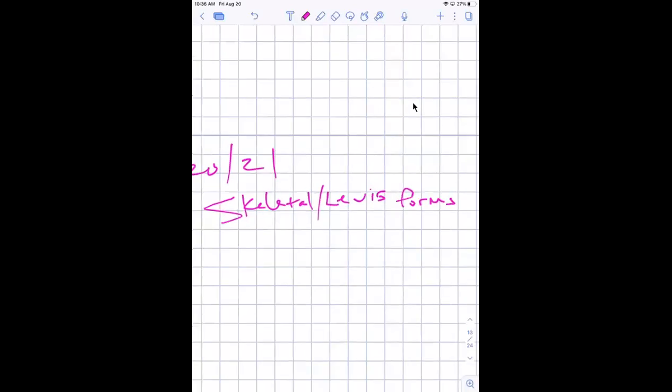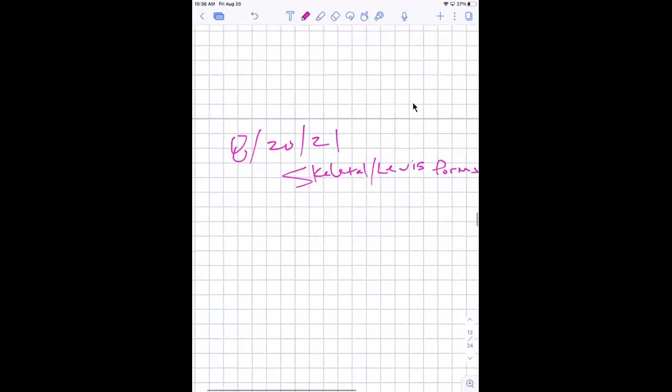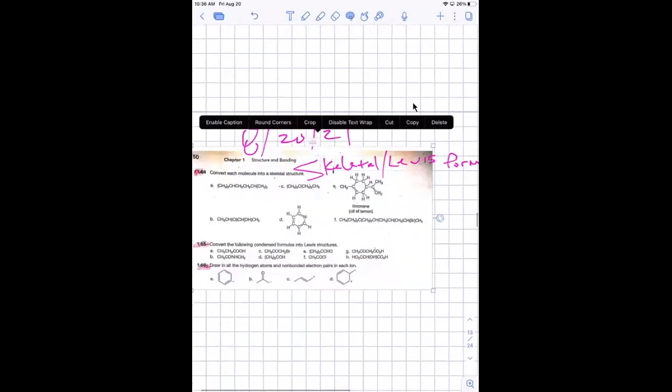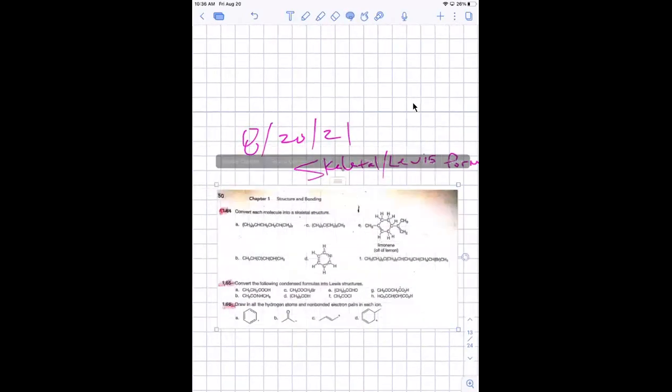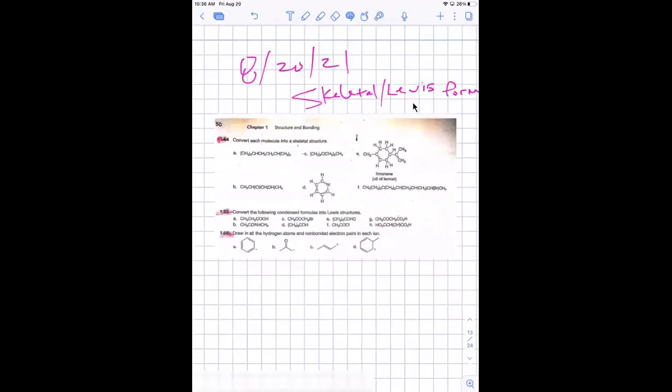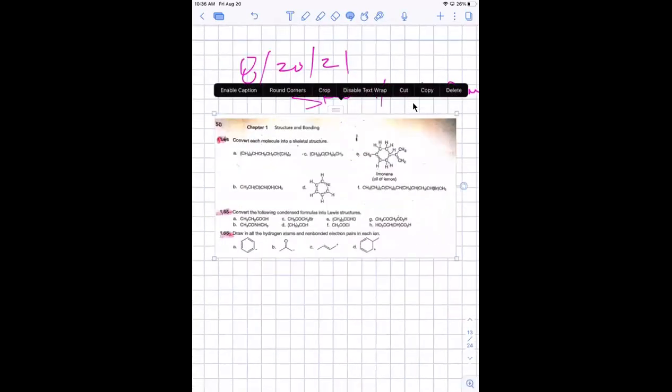Right, so when you're talking about carbon, and when you're talking about expressing carbon or drawing it as a structure, you can express it a couple of different ways. You can write it in what's called a Lewis form.